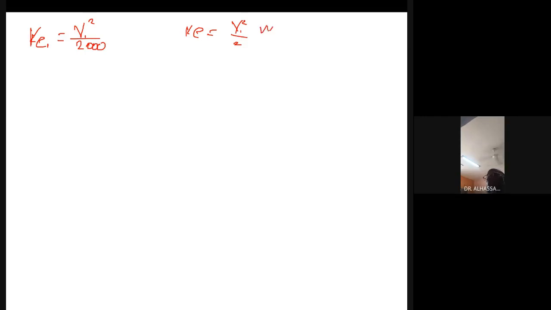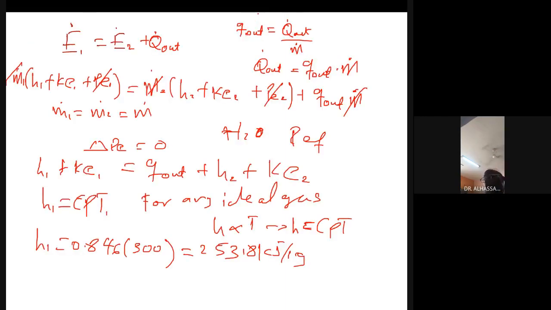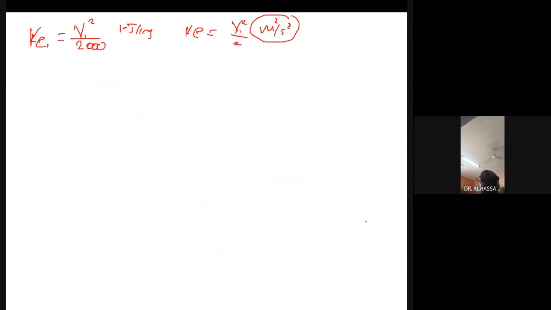But this is in meters squared per second squared. If you convert into kilojoules per kilogram, then you need to divide by 1000. That's why we divide by 1000. So this now becomes kilojoules per kilogram. If you don't divide by 1000, the unit does not conform with this unit. All the units have to be the same.